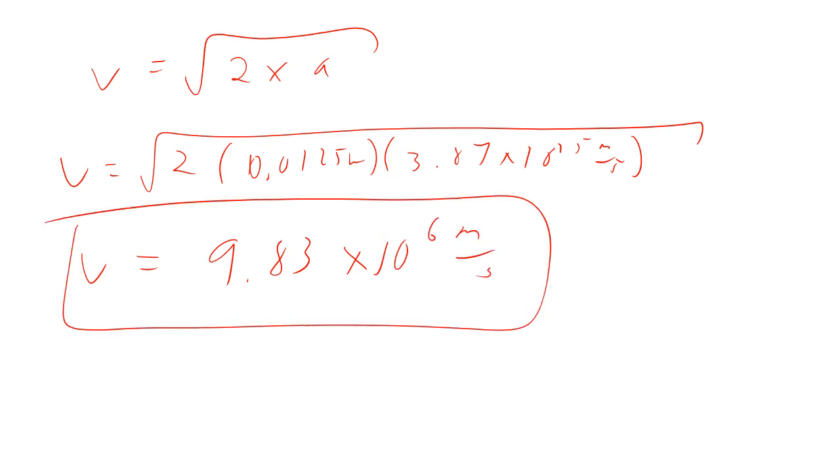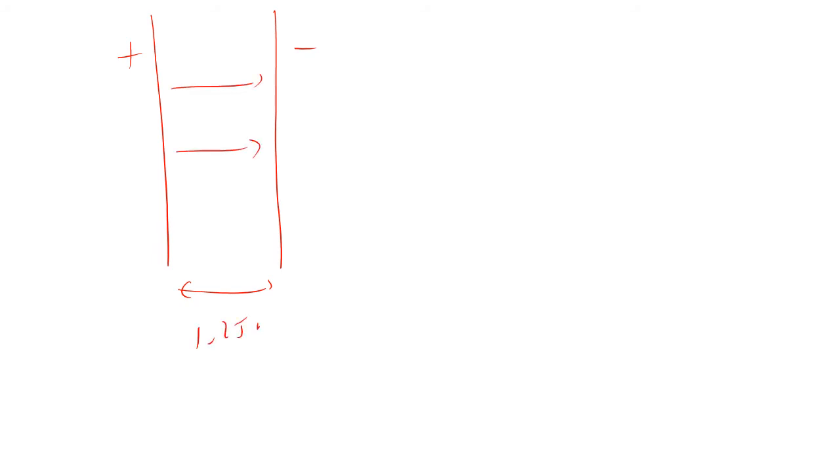Okay, so fantastic. Well, you know what? That's long and hard. I don't like doing long and hard. So let me show you a shortcut to get the same answer. So we got this. One's plus, one's minus. Okay, 1.25 centimeters.